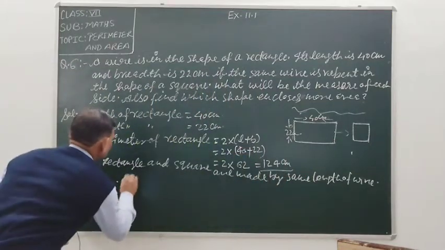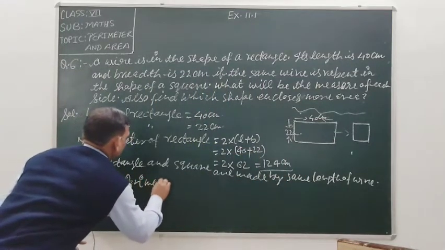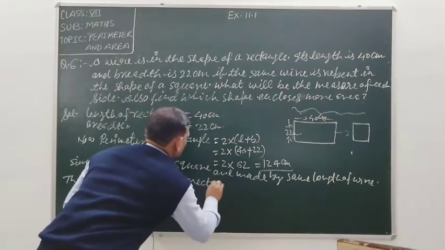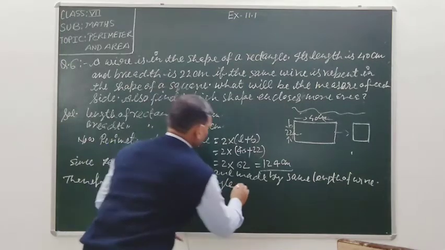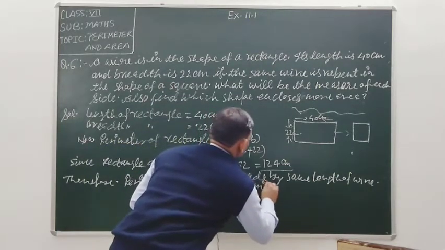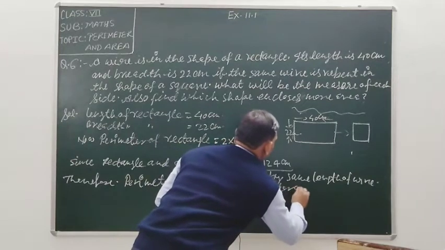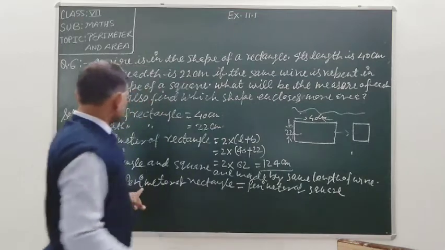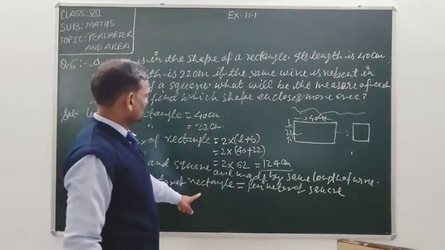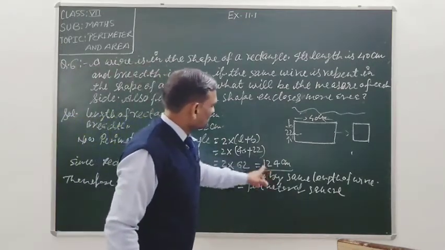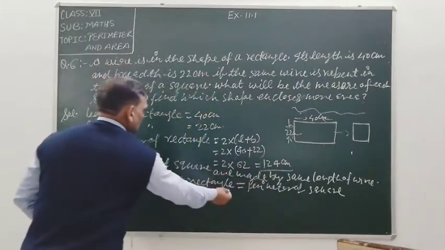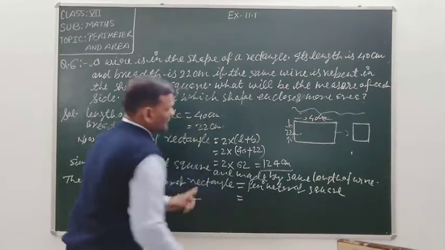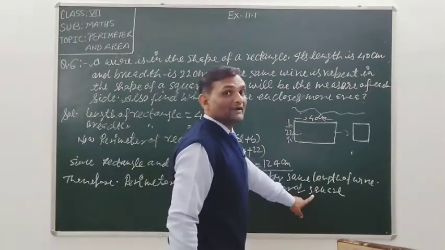Therefore perimeter of rectangle is equal to perimeter of square. So perimeter of the rectangle, student, you have already found out 124. So on this place we can write 124. And perimeter of the square, how can we find out?